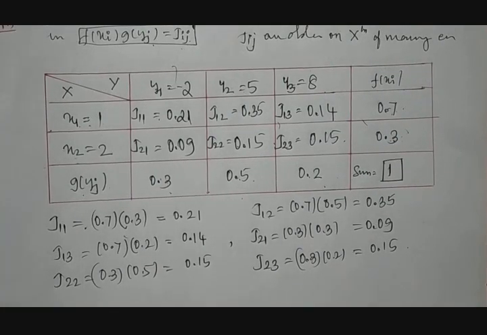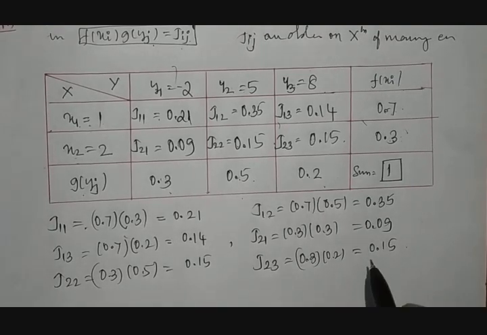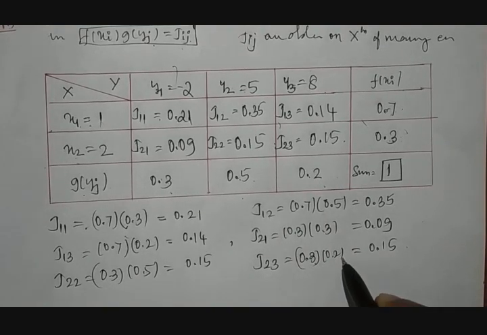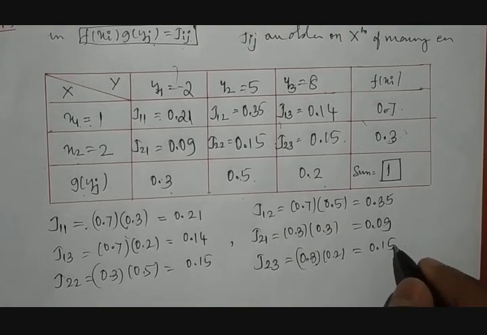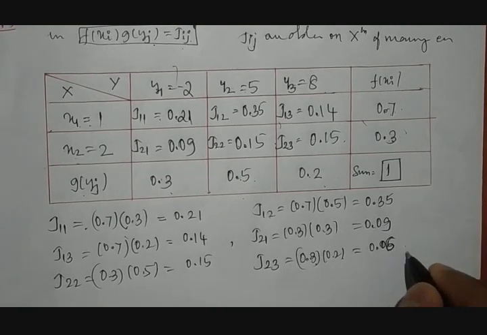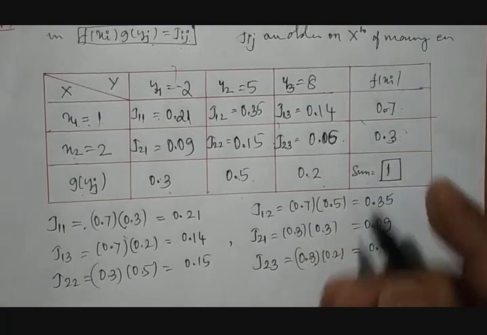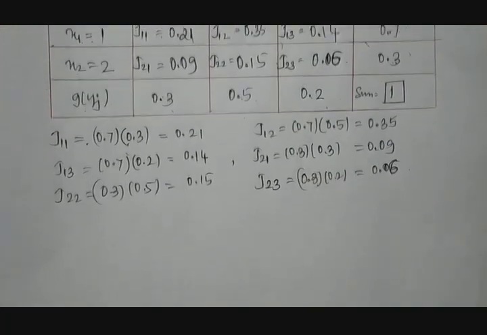By using these entries, we need to go for further calculation. Fine, just a minute. This is 0.3 into 0.2, it is 0.06. Sorry for this. This is 0.06. Make a correction.